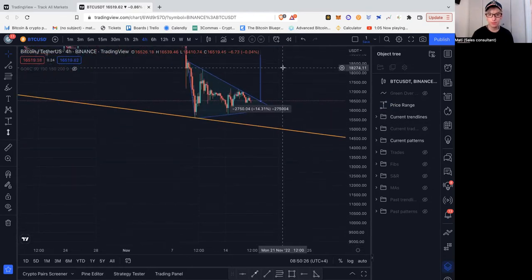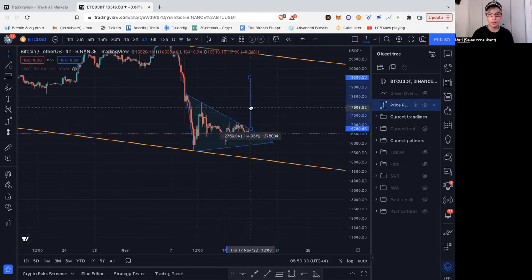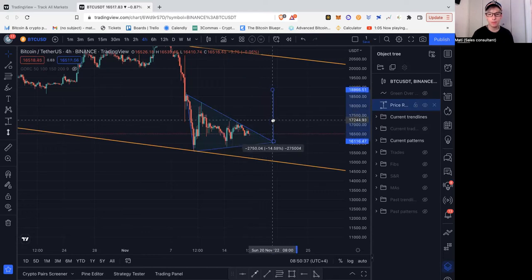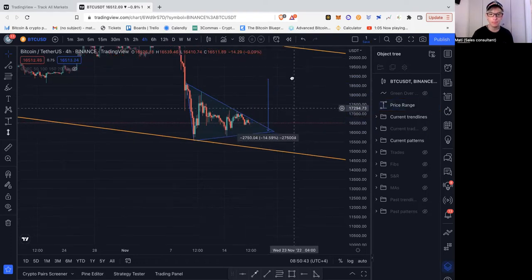All right. Now, the target can be anywhere between 19.5K and around 18.9K, depending on where the breakout will happen.